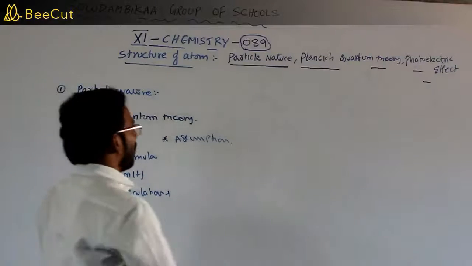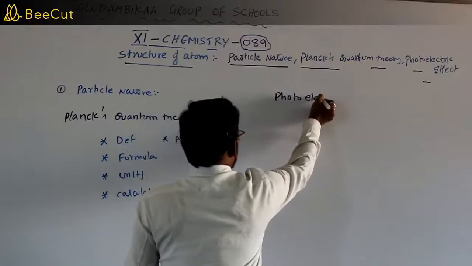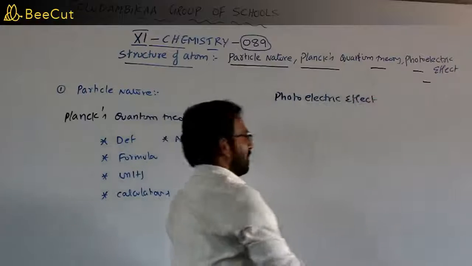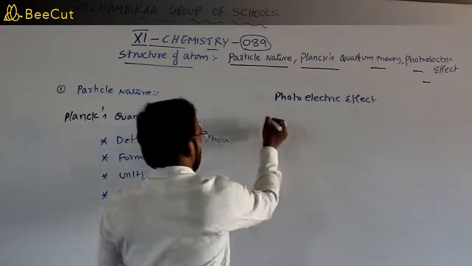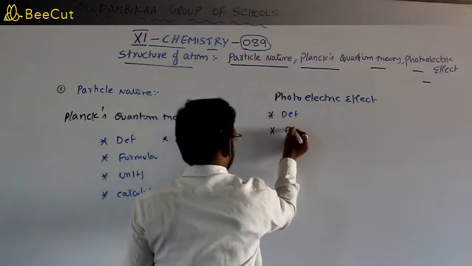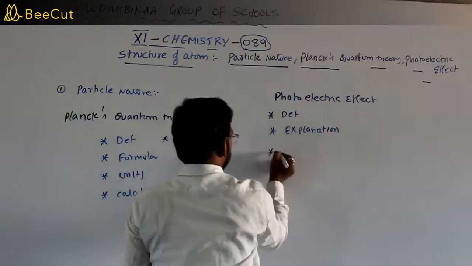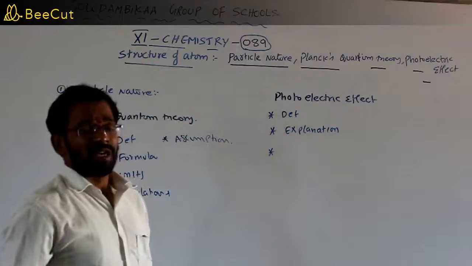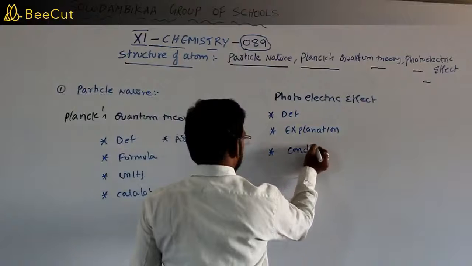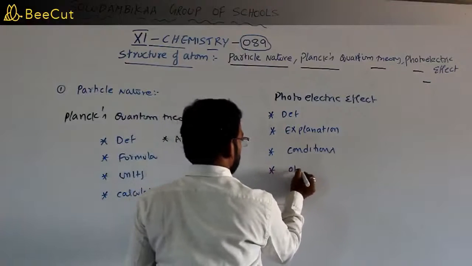Next, coming to the photoelectric effect. What is the meaning of photoelectric effect? Here there is a definition and explanation, and how that photoelectric effect we can say, conditions and then observations.